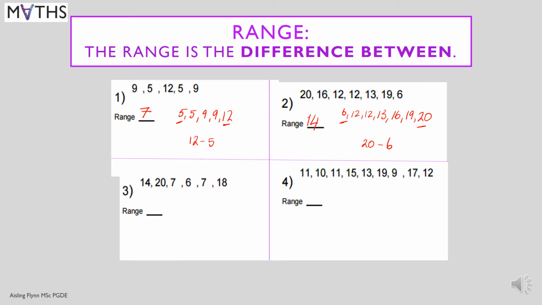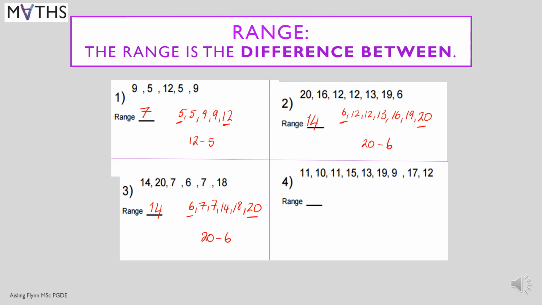The third one, did you rank and get 6, 7, 7, 14, 18 and 20? So there's the greatest, there's the least, subtract 20 minus 6 and we get the range. So we can see that numbers 2 and 3, those exercises have the same range, different values, but the same range.